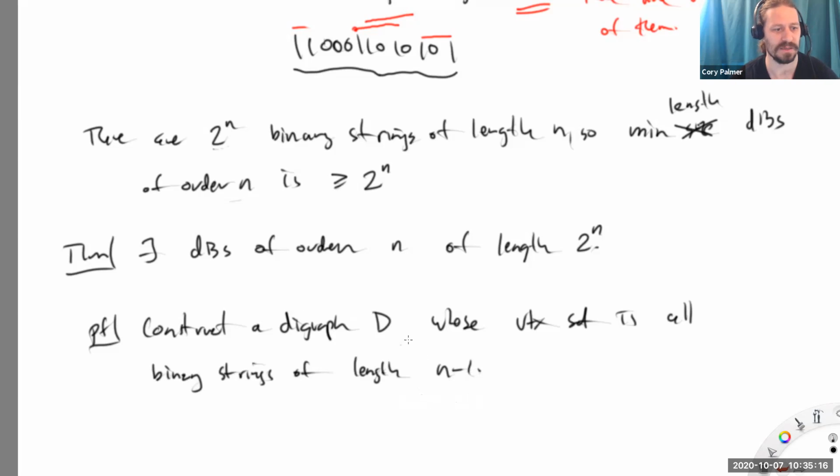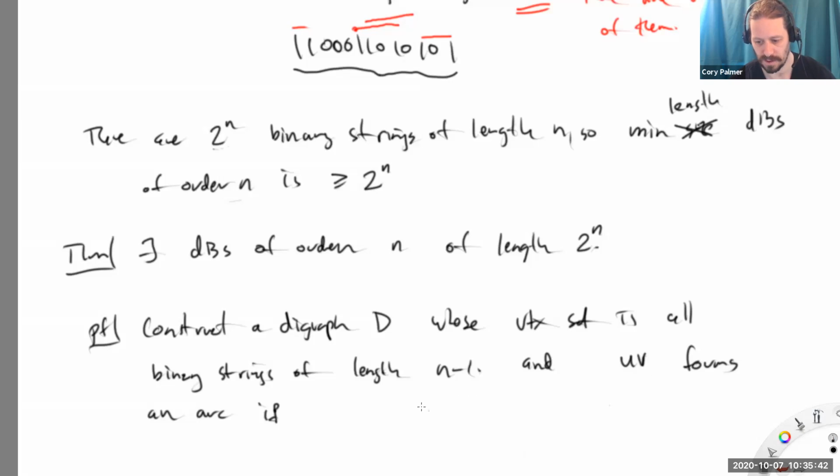But anyway, it's not clear what the connection is between this and the de Bruijn sequence yet, but that's how it starts. U V forms an arc if, so I've got 2 vertices, each of them corresponds to a different binary string of length n minus 1, and I join them by an arc if they basically agree on n minus 1 bits.